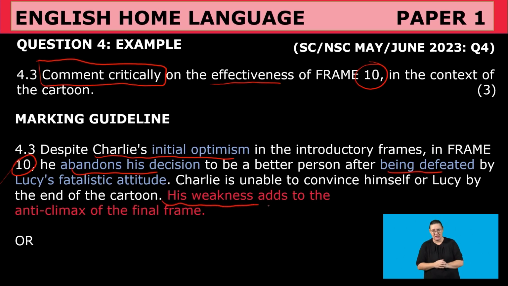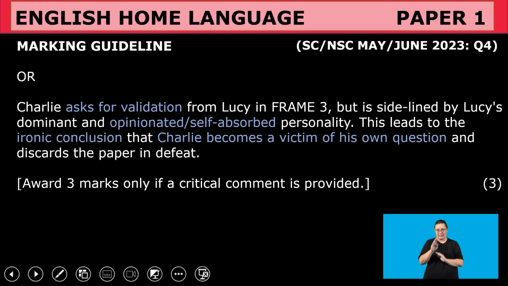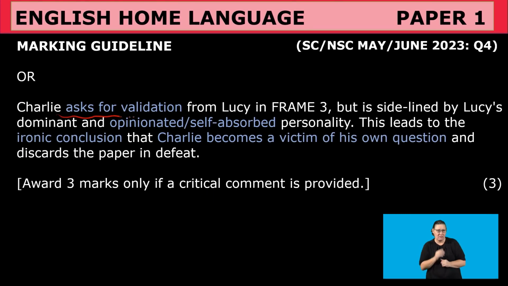And this shows us, here is the comment, his weakness adds to the anticlimax. You may also have a no answer. He asks for validation from Lucy, but he's sidelined by her opinionated, self-absorbed personality. And there is an ironic conclusion because he is a victim of his own question.